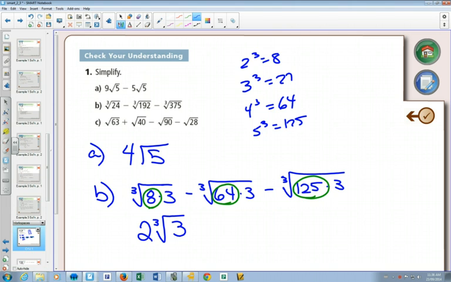The cube root of 24 was part of the cube root of 3 family. The cube root of 64 is 4, so that is also part of the cube root of 3 family. Cube root of 125 is 5. So all of these are part of the cube root of 3 family.